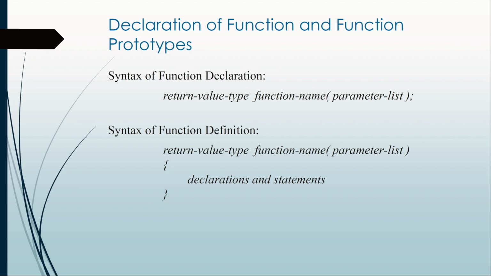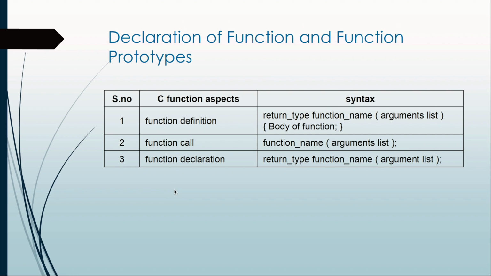The return value type and function name are the same as in the declaration, and the parameter list with the types of values I'm going to pass has to be specified here. Finally come the declarations and statements you want to perform inside the function.